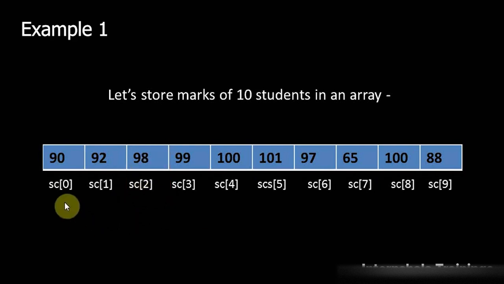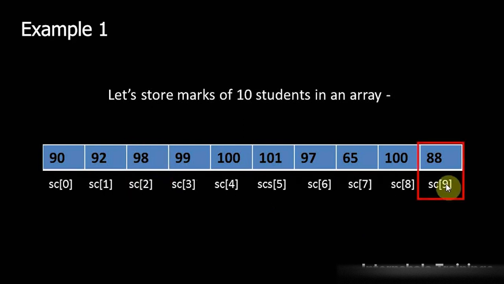So what I can derive from this diagram is, SC square bracket 0 pertains to the score of the first student, right? SC square bracket 1 is indicative of the score of the second student. SC2, the score of the third student, which is 98.